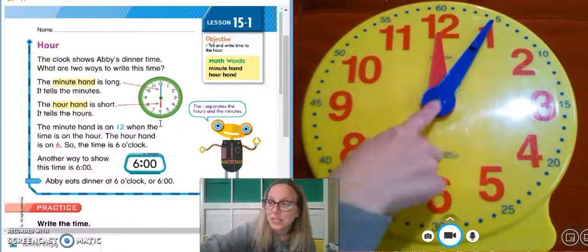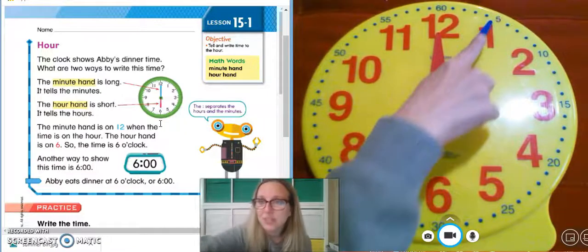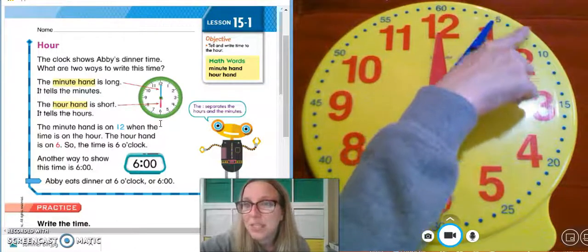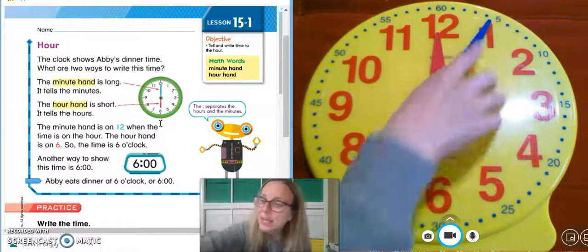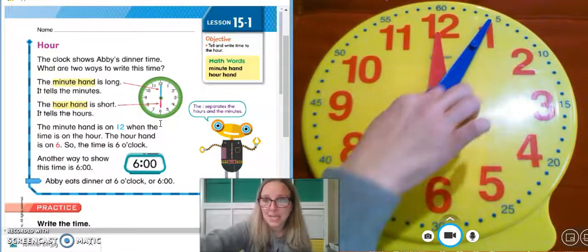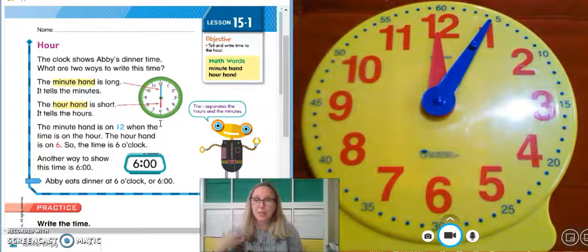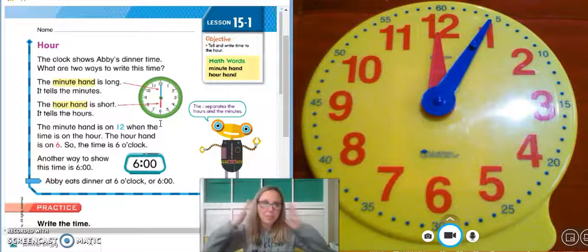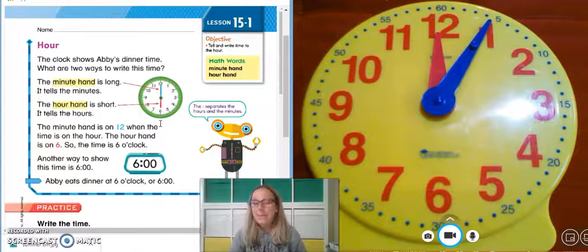Now, the longer hand here, whoa, that stretches way out past the red numbers to these blue numbers on the outside, this one is called the minute hand. And one way that I use for myself that helps me remember that that long hand is the minute hand is that minutes go quicker than hours, right?